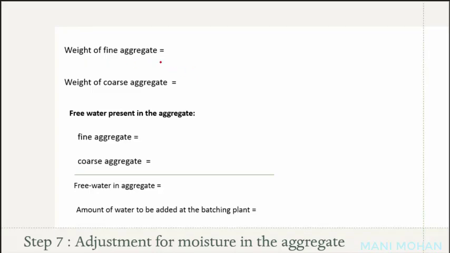So what should be the weight of fine aggregate? We had noted down the water absorption and surface moisture of fine aggregate. The surface moisture in fine aggregate as per step 1 is 4%. So what will be the weight of fine aggregate? The weight of fine aggregate has to be 1.04 into the mass of fine aggregate.